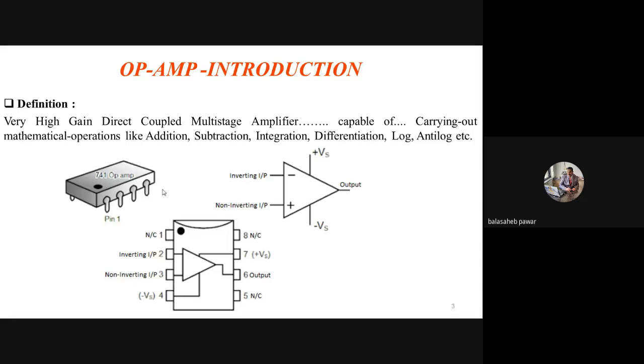Because, first of all, the key point is that it is a very high gain direct coupled multi-stage amplifier. Now I think you are familiar with the multi-stage amplifier. I used this word in one of the previous lectures when we were studying feedback amplifiers. In that I took the example of a voltage series feedback amplifier using two stages.